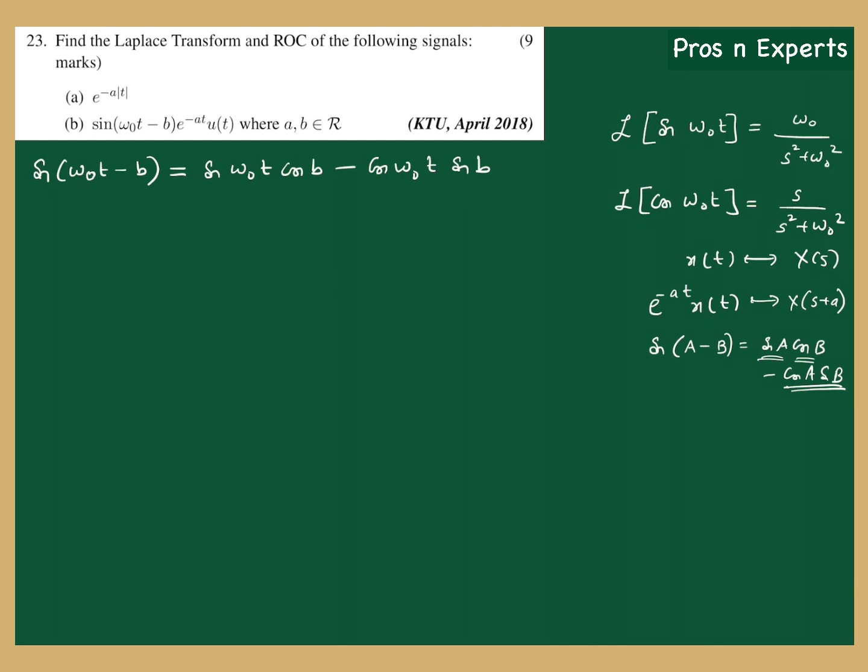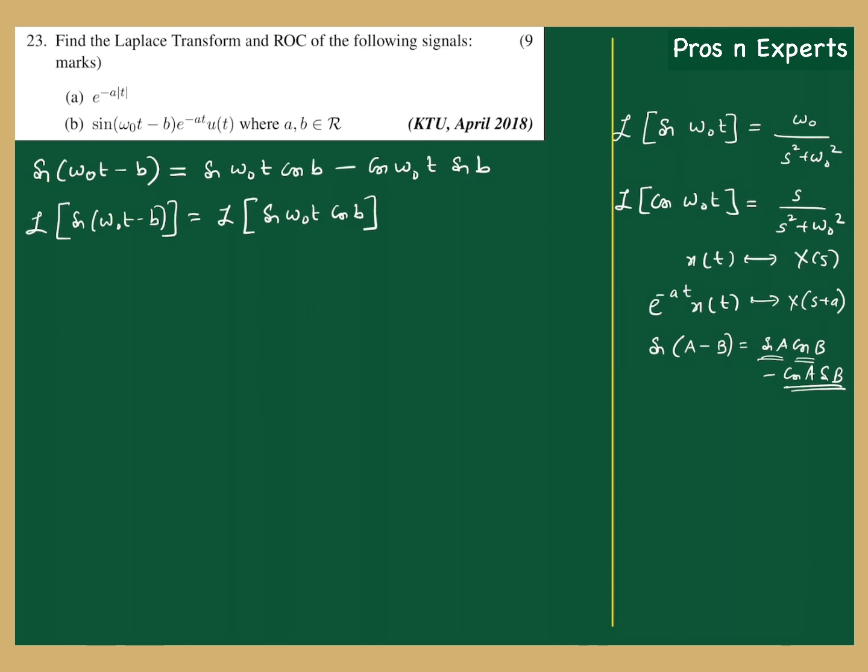Now what is the Laplace transform of this thing, sine of omega 0 t minus b? It will be the Laplace transform of whatever you see in the RHS also. So that will be equal to Laplace transform of sine omega 0 t into cos b, minus Laplace transform of cos omega 0 t into sin b.